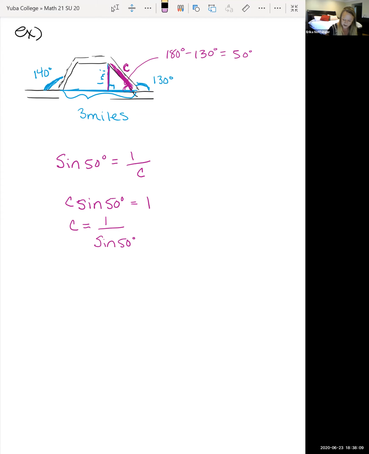So we can also make another right triangle. We're doing this. Let's see, I'm just trying to think.